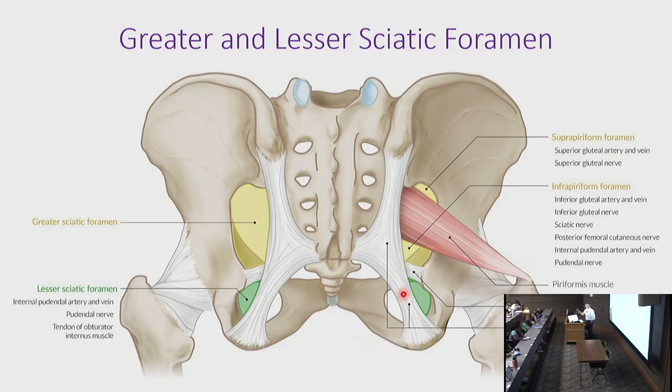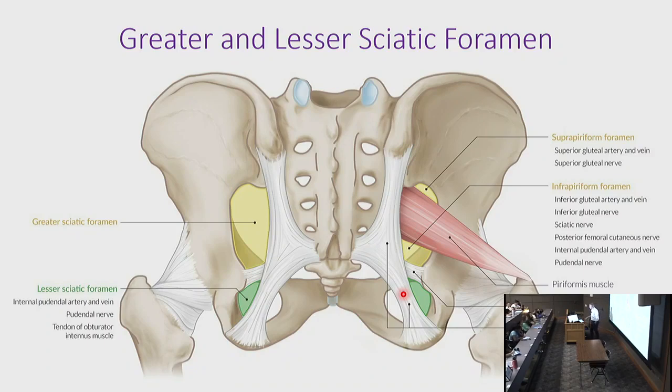Once it enters our lesser sciatic foramen, it's in close association with your obturator internus muscle, right, and it's going to be in your obturator canal. And we'll see that on another slide in just a moment, but that is going to now be part of your perineum. So it exits the pelvis through the greater sciatic foramen, wraps posterior to the sacrospinous ligament, and then enters the perineum through the lesser sciatic foramen.